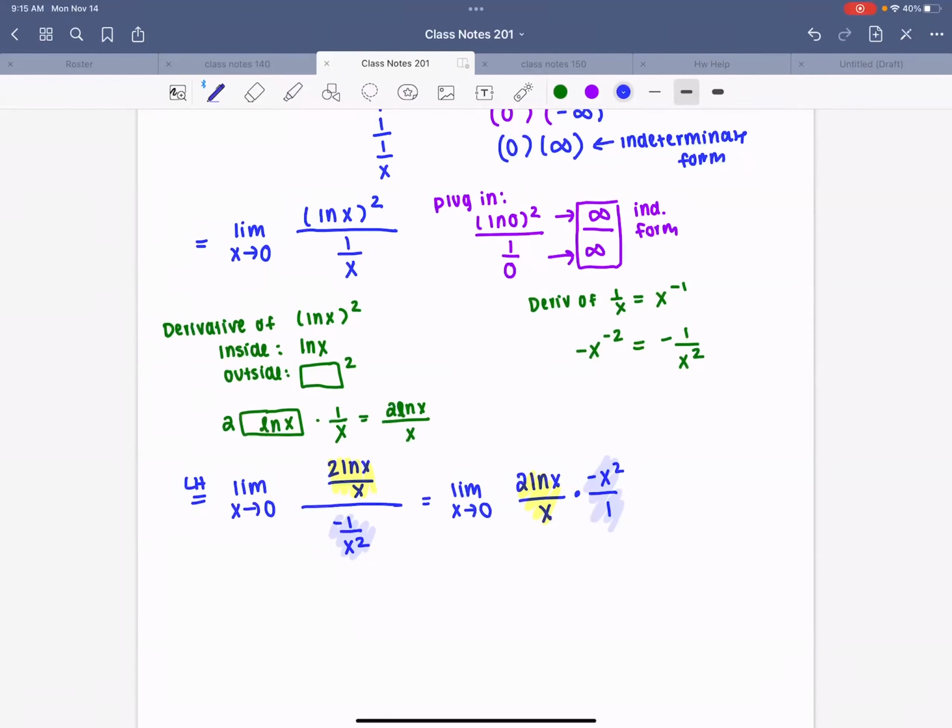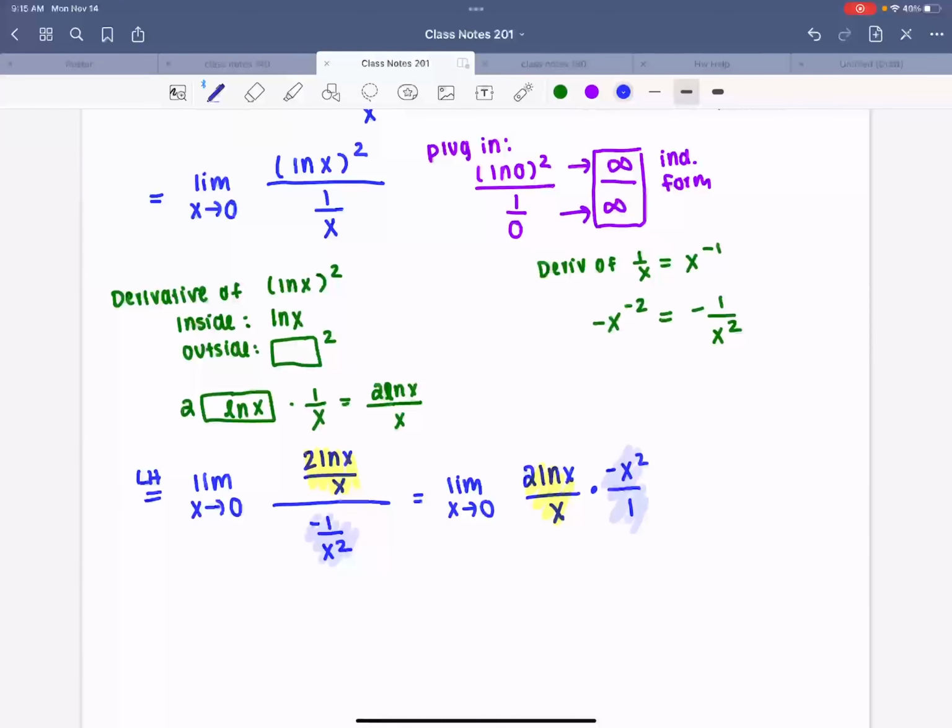Okay, now taking a look at what I have here, it looks like the x squared and the x might cancel out. So let me know if you don't see how we get to this step, because I am skipping a few steps here. We're going to be left with -2x ln of x. Does everyone see how I got there?